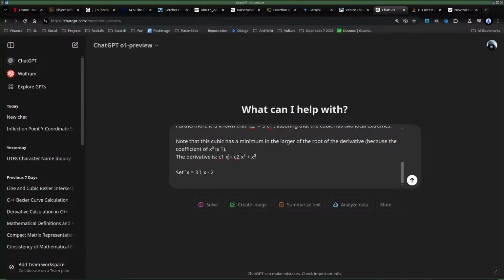Now, derivative of this: remove an x, 2 times that, remove that, so x plus 3 times x squared.